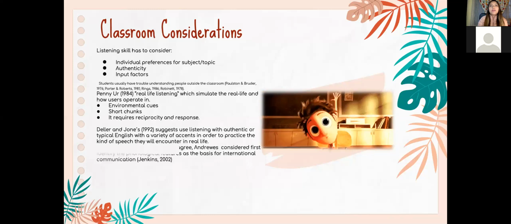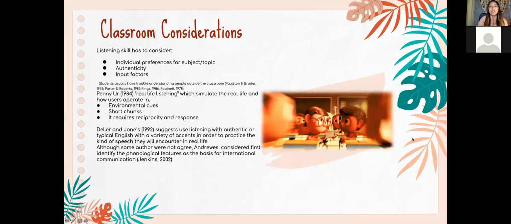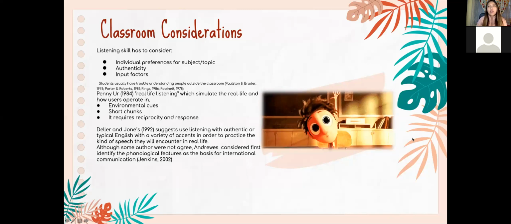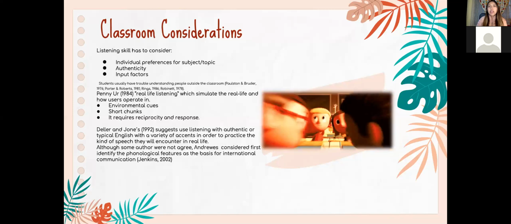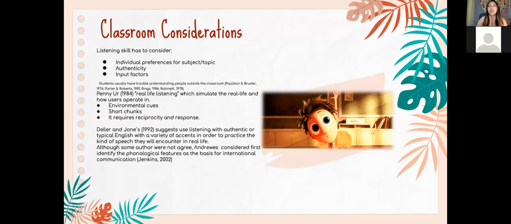Another point: when we are talking about this kind of authenticity, there were many authors who did not agree, because they mentioned that it is not essential to pay attention to what kind of listening students are exposed to. They prefer to consider the phonological features as the basis of international communication.